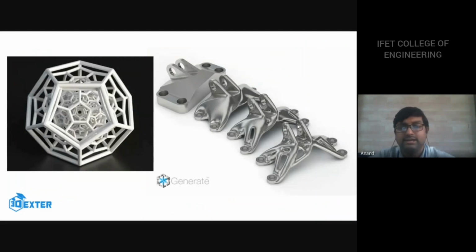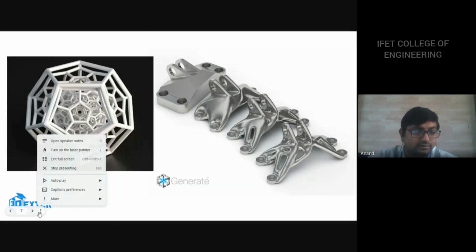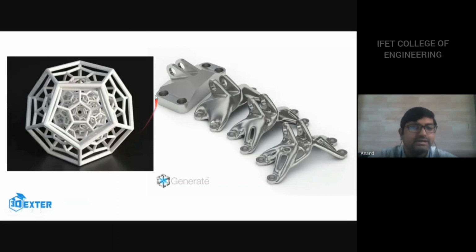Now on the screen, I have two images in front of you. On the left-hand side, I have a very complex object. This complex object cannot be made through subtractive manufacturing or the traditional methods of manufacturing, but it is actually possible through 3D printing.